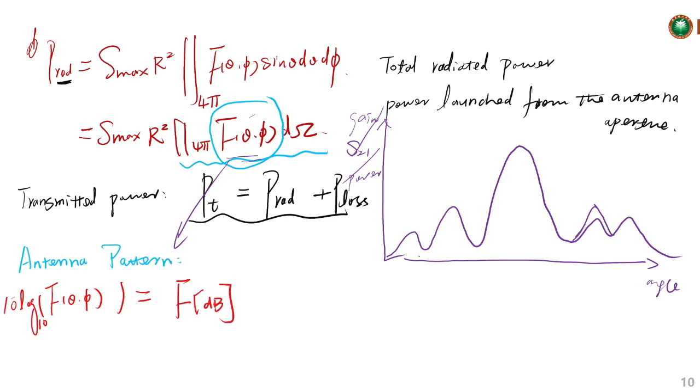Because it is normalized, the maximum of it in the linear scale is 1, so the maximum of it in the decibel scale is 0. So we already used that one: the normalized beam pattern, the peak is at 0 dB here.